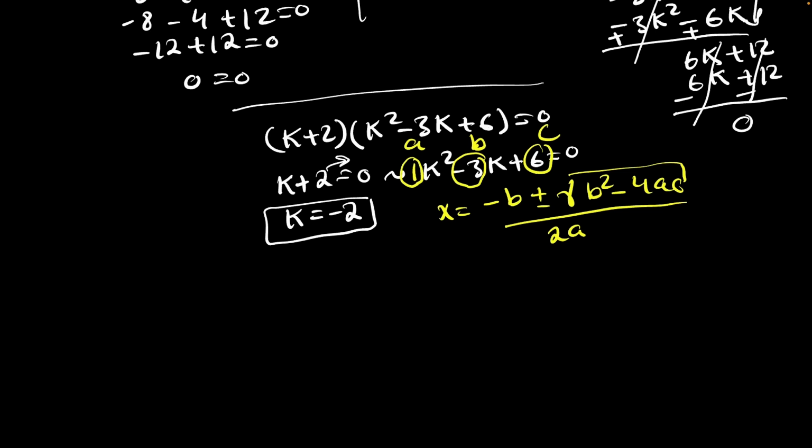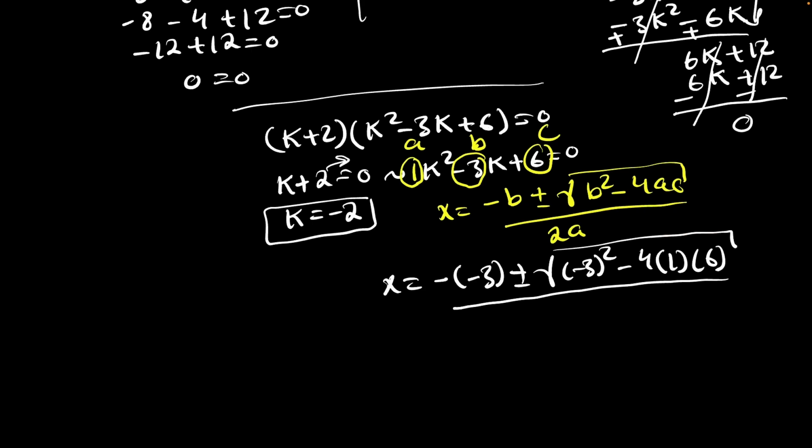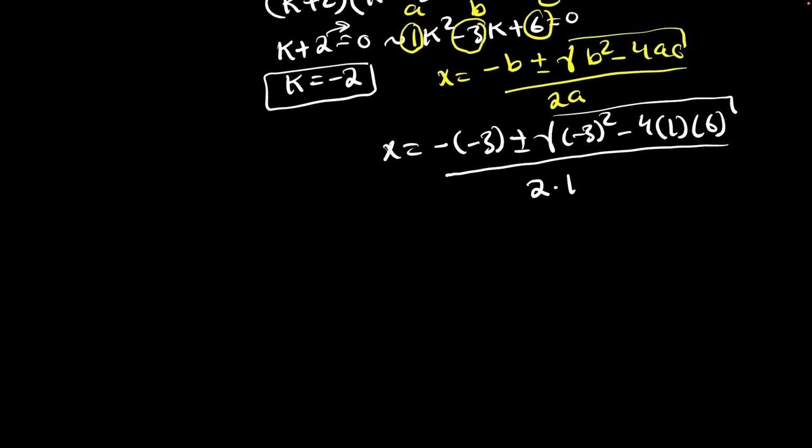So finally we have x equal to negative b. Our b is minus 3, plus or minus the square root of b squared, which means minus 3 squared, minus 4 times a, which is 1, and 6 is our c. Then over 2a, and 2 times a is 2.